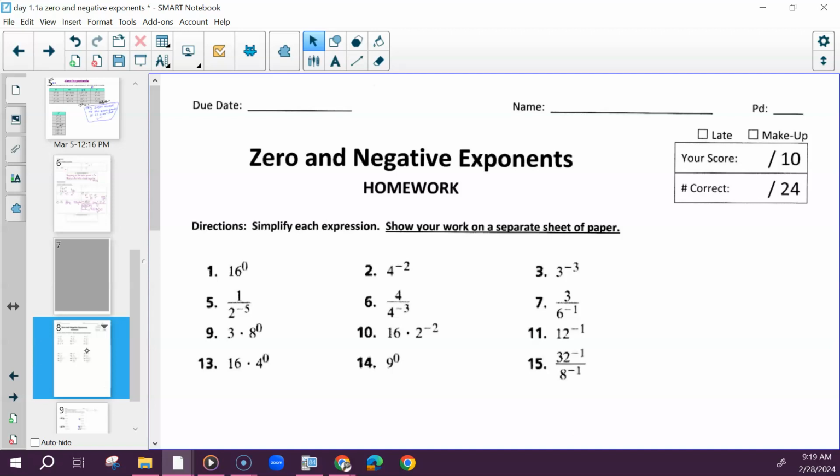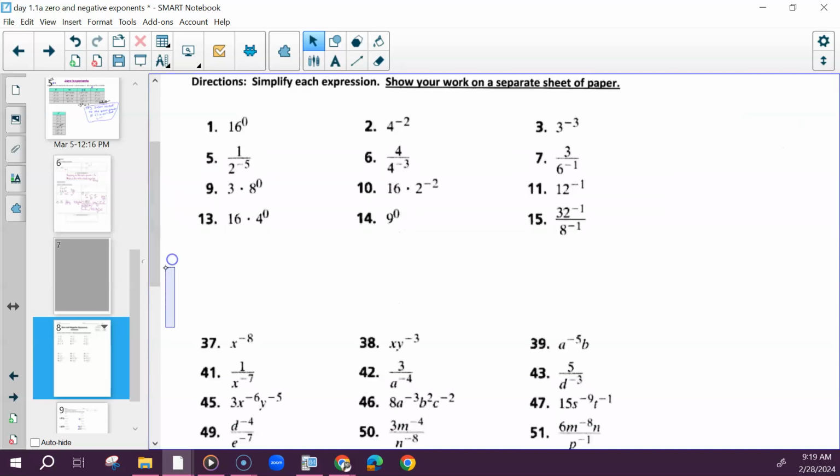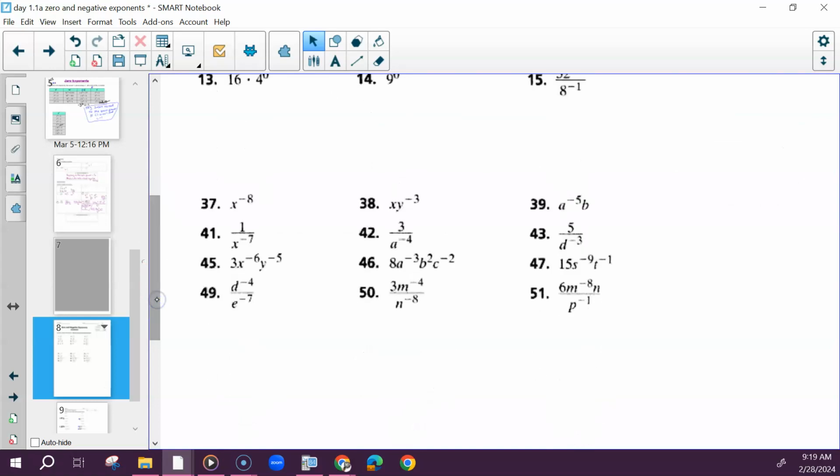Get through at least 15, but you should be trying to get to these bottom ones too. If you finish this, move on to the next page. I'll be walking around if you have questions. You can work together on it. You have about 15 minutes to work through this. We'll come back, go over any questions you have, and then start the next. Which ones do you want to go over and have questions about?